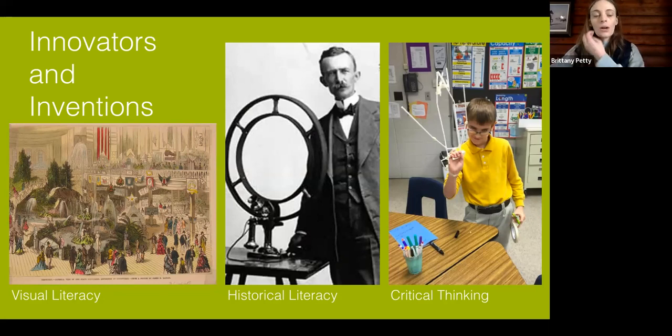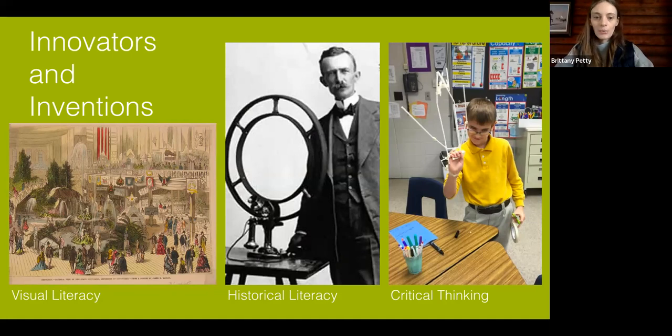So what KHS does when it's not pandemic COVID life, we go into different schools and we do programming. And this is an example of one of the programs that we would do. So we would show them this image, we would VTS it, talk about it. Then we would talk about specific inventors in Kentucky, the specific time period, and then they would create their own inventions. So you can build on it.